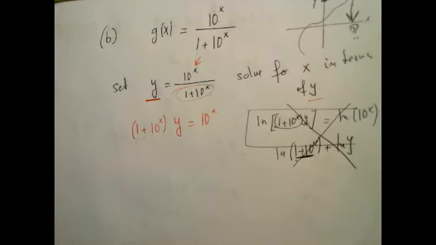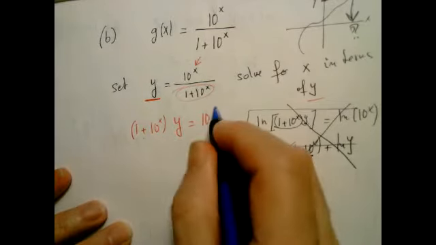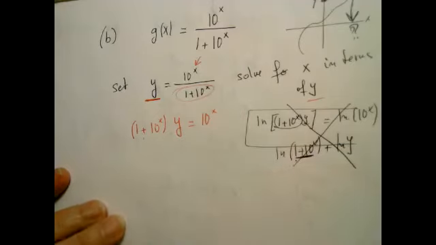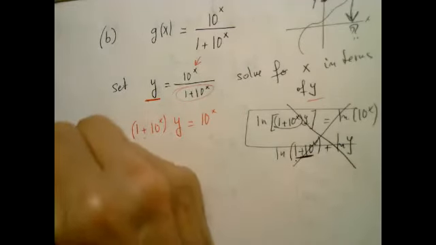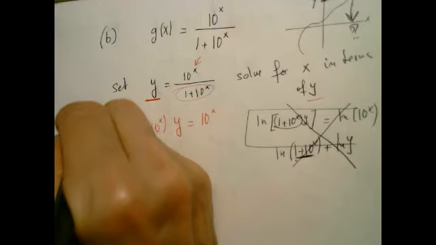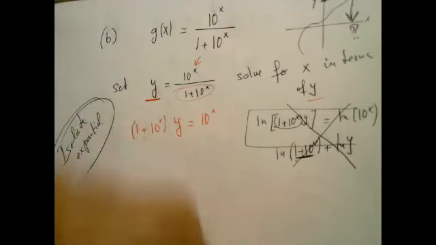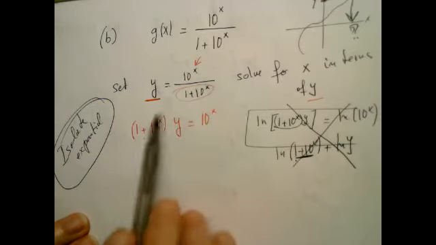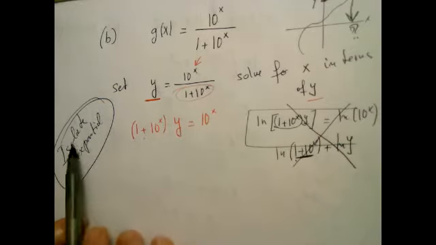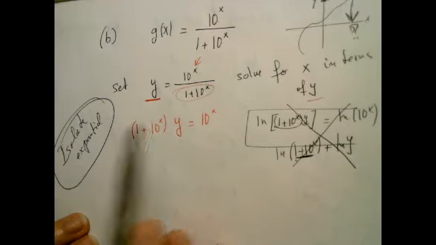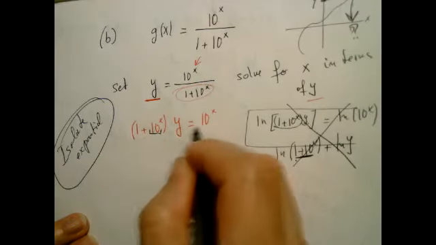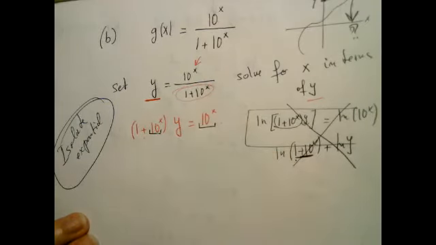Yes, Elizabeth is right. What I would like to do is isolate the exponential term. Because my unknown now is an exponent, and to solve a problem that involves an exponent, I need to isolate this term, and then I can solve it.